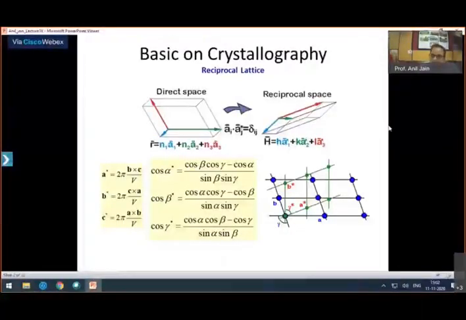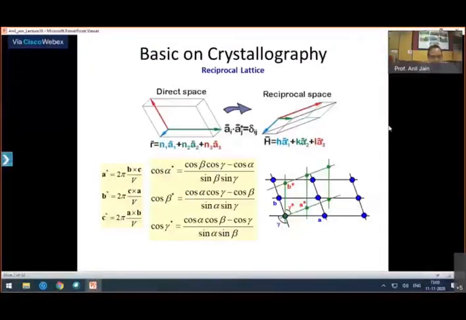So most of the results which we see in diffraction are in the reciprocal space. This space which we see as the outcome of the diffraction experiment is the Q space, which is the Fourier variable of your real space R. So to understand anything in diffraction, it is always nice to think about the reciprocal space.